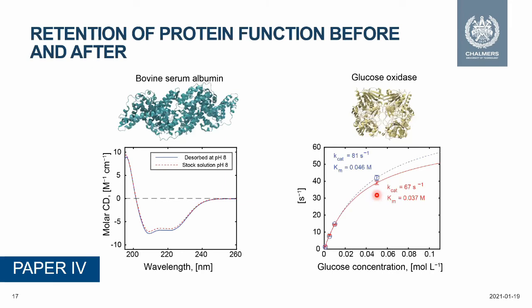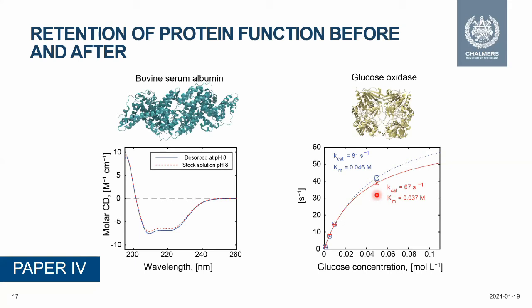Previously, we showed that enzymes could retain their activity when immobilized to polyelectrolyte brush by electrostatic attraction. What about now? Because now we immobilize proteins to a neutral brush, we need to check that this also preserves the structure and the function of the proteins.